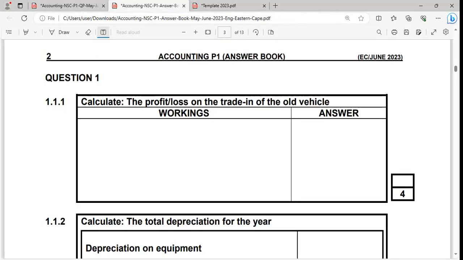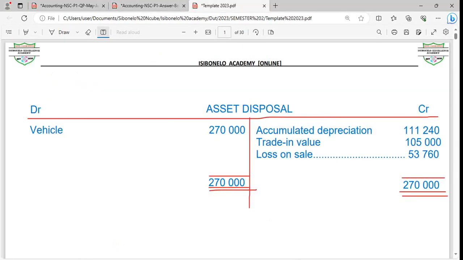Now we are given the answer book. In this answer book, we must show workings. So if we show workings here, 270,111 240, subtract 105,000. The answer will be 53,760.